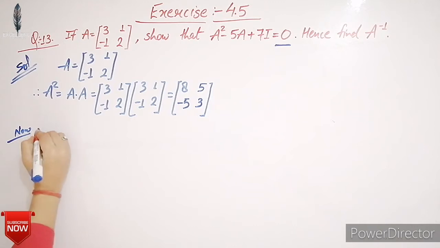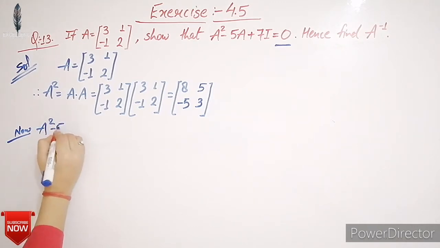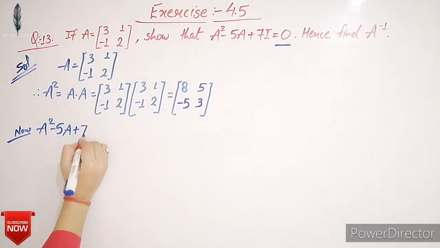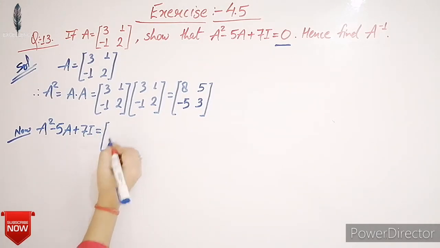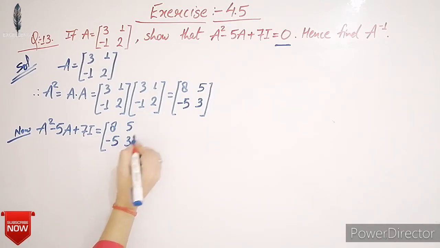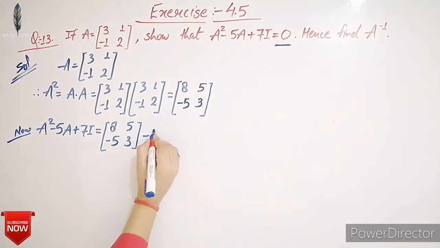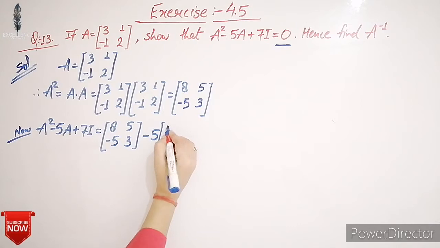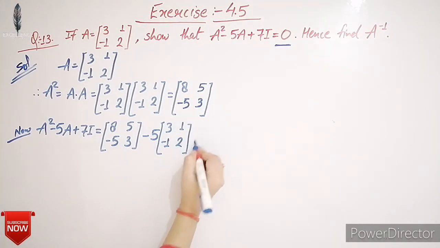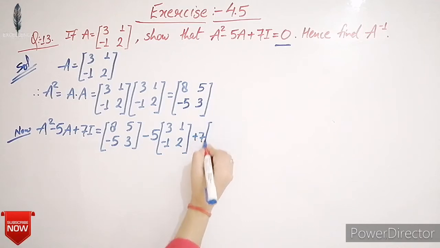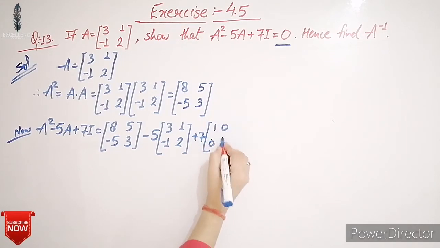So now A² − 5A + 7I equals, put the value of A², that is [8, -5; 5, 3], minus 5 into the value of A, that is [3, -1; 1, 2], plus 7I, which is [1, 0; 0, 1].